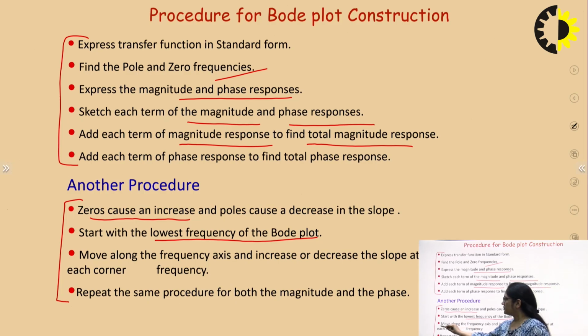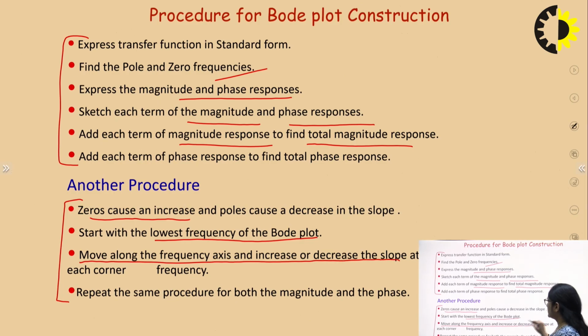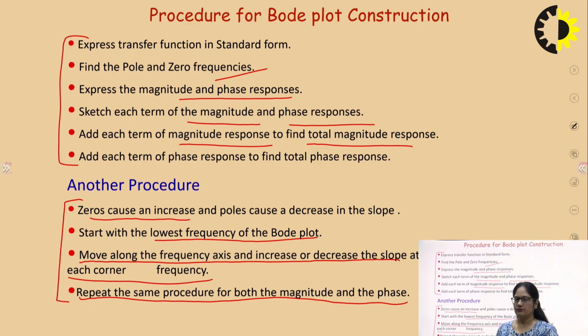As we identify this, we move along the frequency axis with an increase or decrease in the slope at each corner frequency associated with a pole, a zero, a complex pole, or a complex zero. This procedure is repeated for both magnitude and phase till all the corner frequencies are covered.